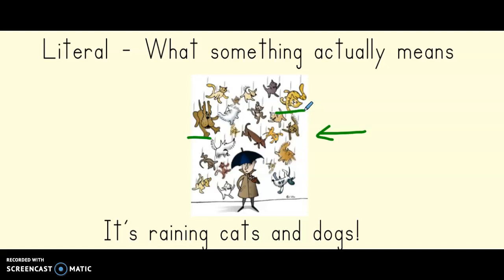Now, do you think that's ever happened before? Because I've never seen it. No, usually when we say it's raining cats and dogs, we don't actually mean cats and dogs. That would be the literal meaning. I've never looked out my window and seen cats and dogs falling down.